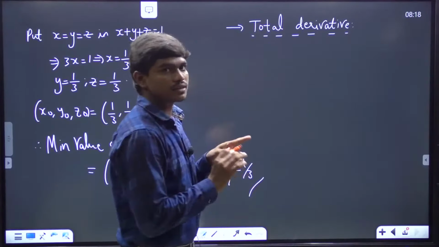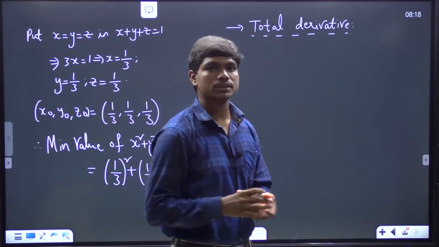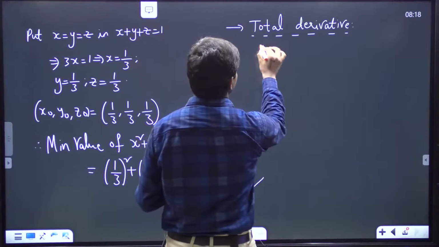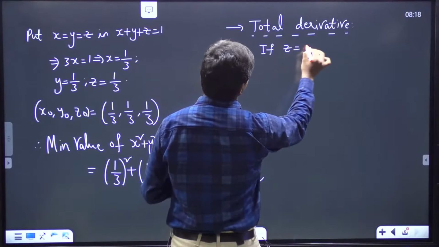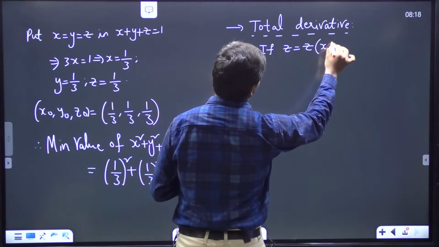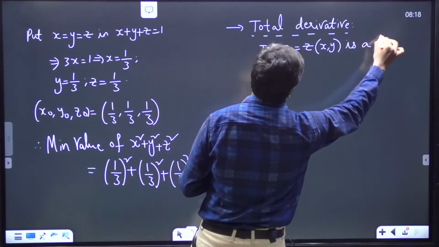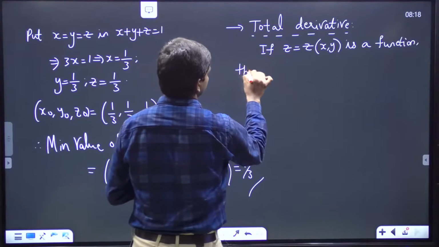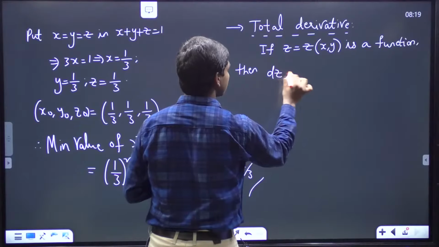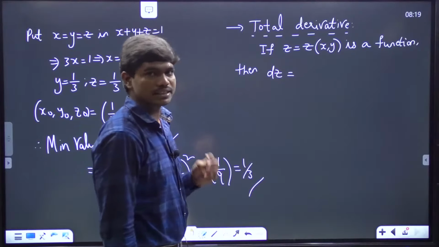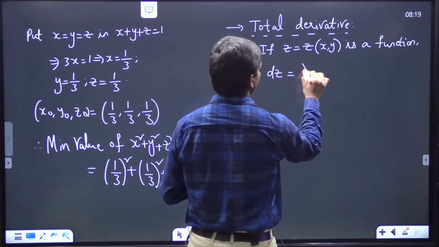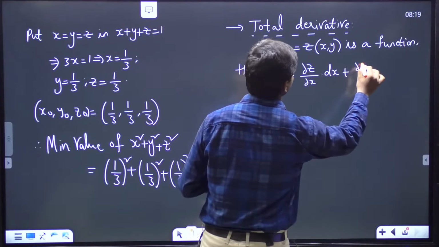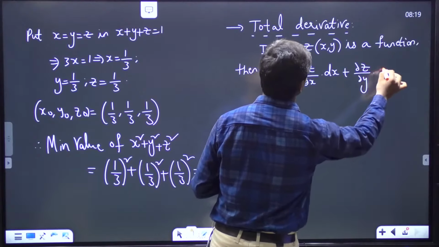Total derivative. Okay. Which means whenever there is a function of 2 or more variables, how to differentiate the function completely at a single instant. So see here, if z is equal to z of x comma y is a function, then dz, meaning if you differentiate the function completely in a single instant, you will have dou z by dou x into dx plus dou z by dou y into dy.